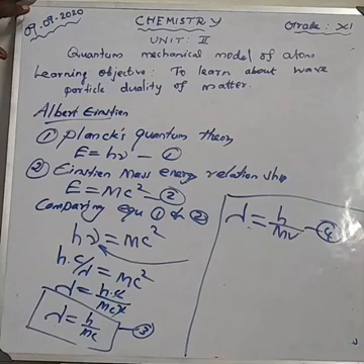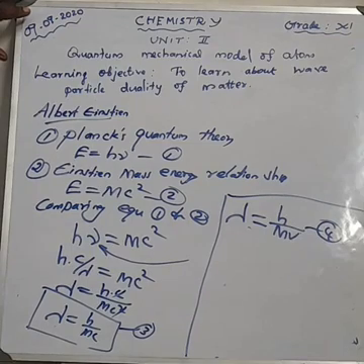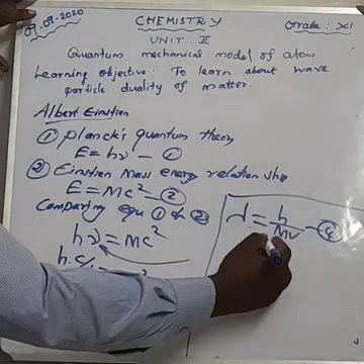For a particle of matter with mass m and moving with the velocity v, the equation can be written as lambda is equal to h by mv. Here, what is mv? M into v is equal to momentum of the particle.